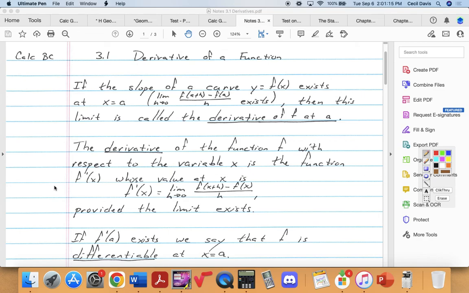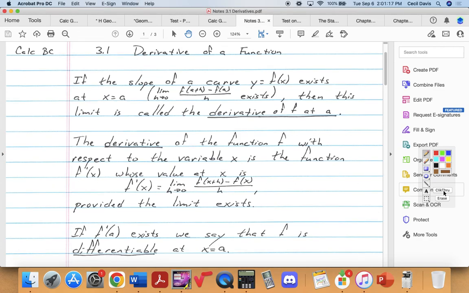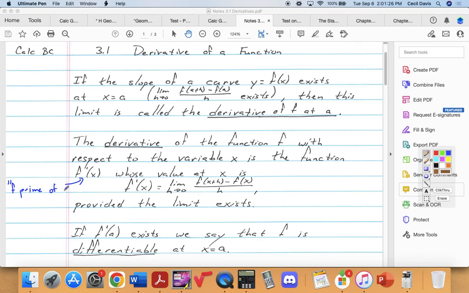So this little bit right here is f prime of x. Whose value at x is f prime of x is the limit as h goes to 0 of f of x plus h minus f of x over h, provided the limit exists.